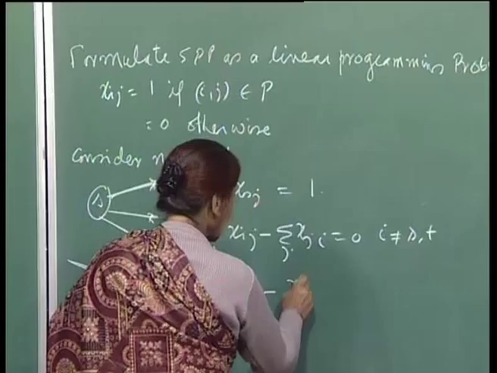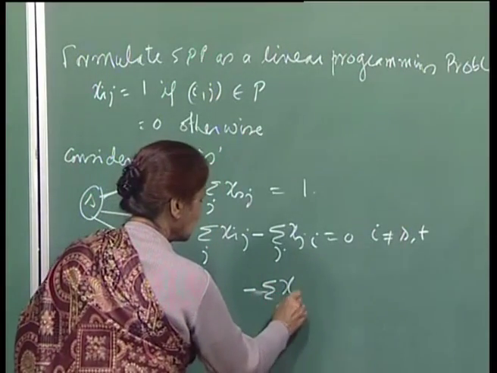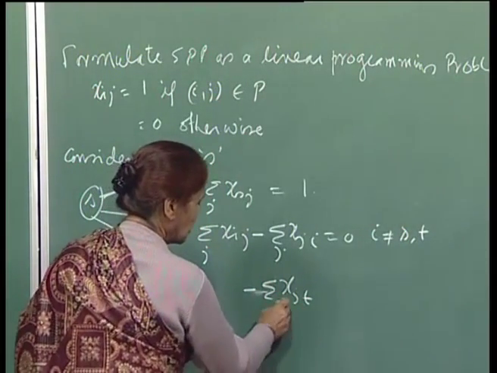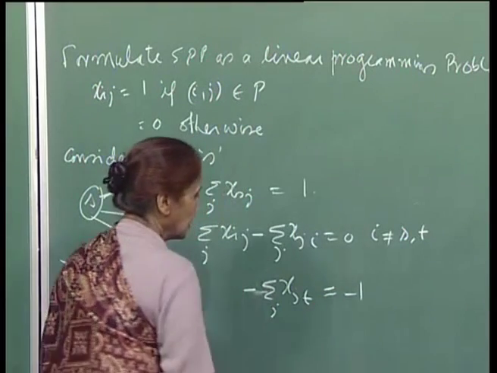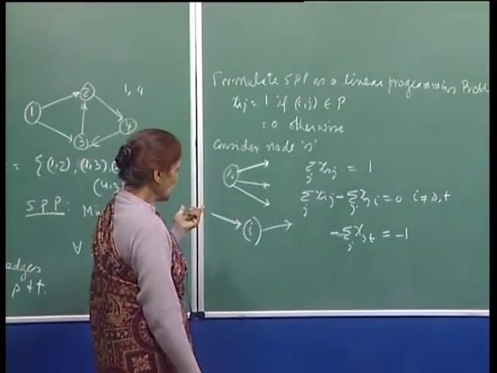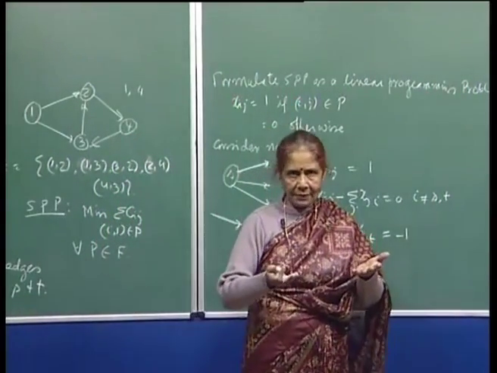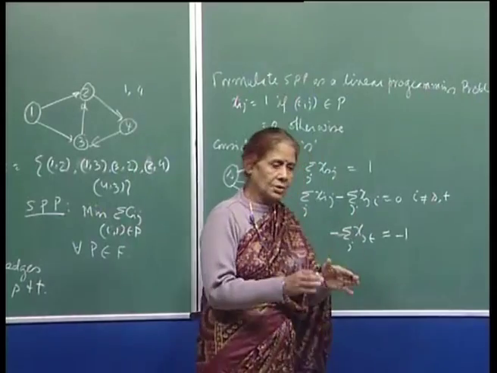And finally, the summation of xjt over j must be equal to minus 1. That means, for the last node T, only a path must enter the node T. There is no question of leaving the node T, because once you have reached node T, you are done.